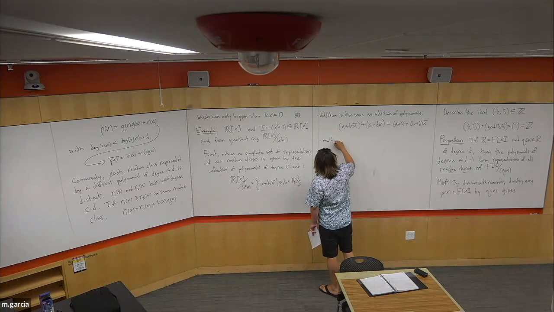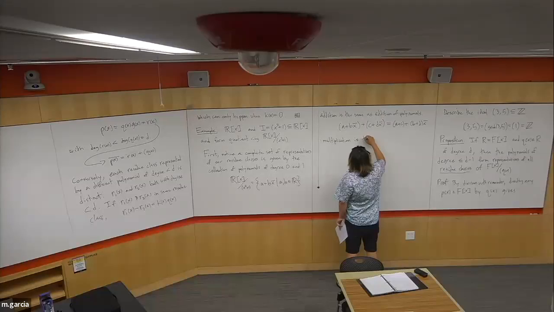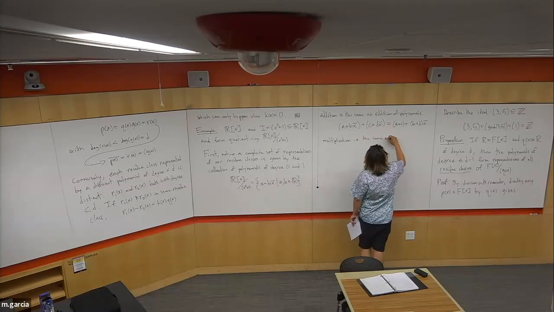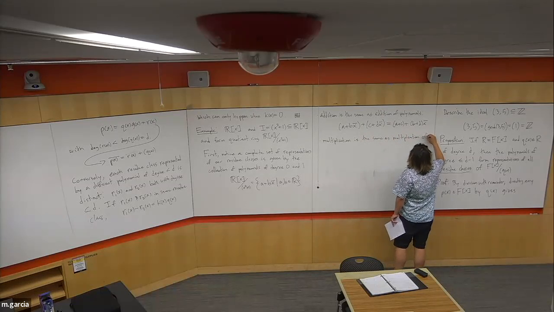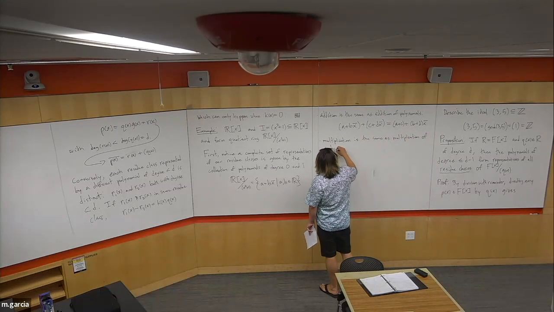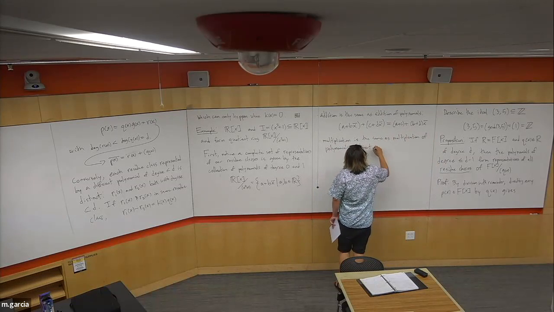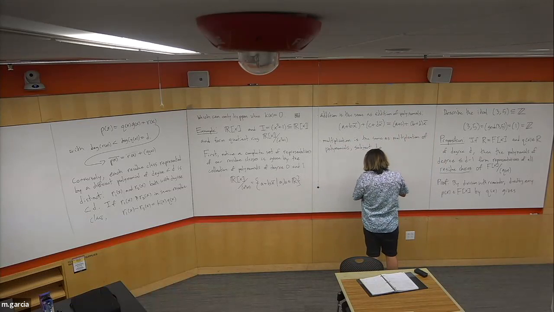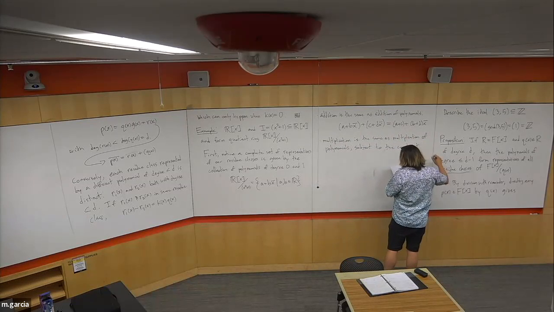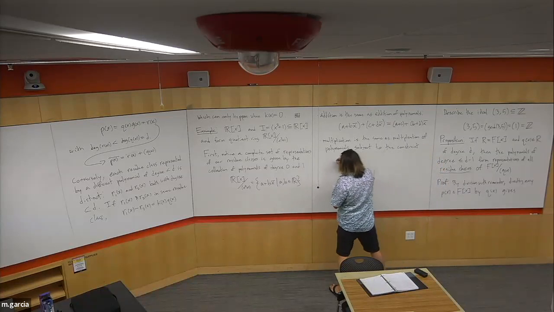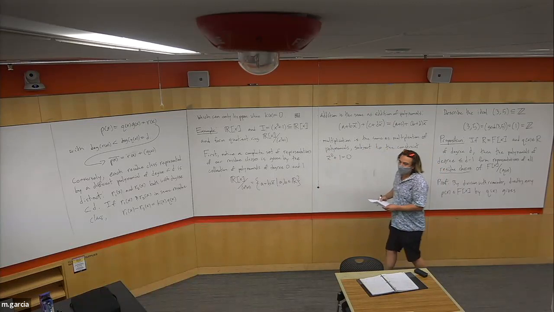Multiplication is the same as multiplication of polynomials, subject to the constraint that x bar squared plus 1 is equal to 0.